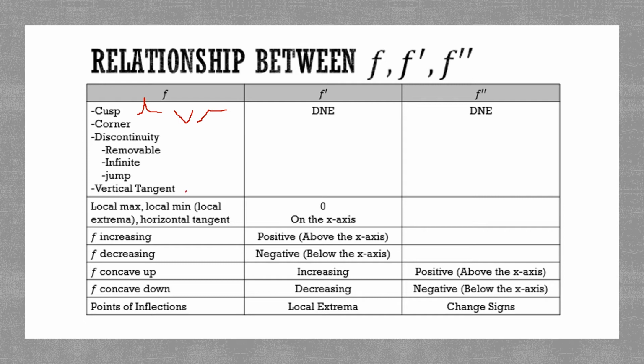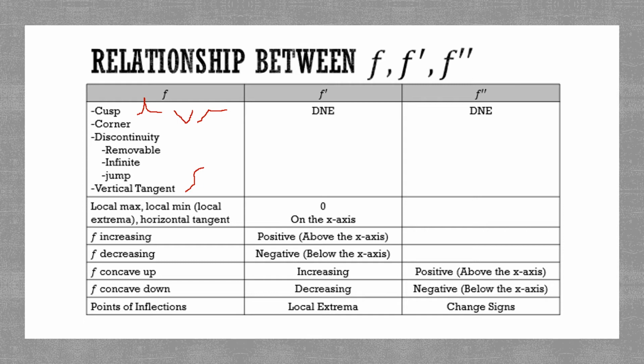So maybe something like that. And so there's your vertical tangent. Okay, so if you have any of these places in your function, then it doesn't exist in the graph of the first derivative, and it doesn't exist there in the graph of the second derivative.